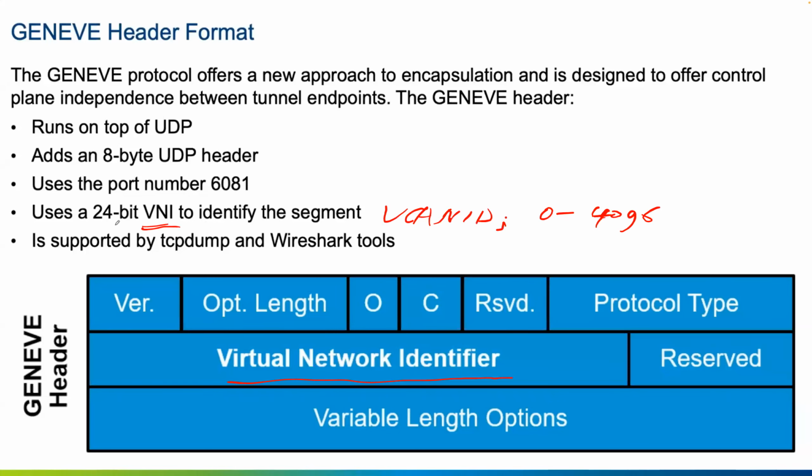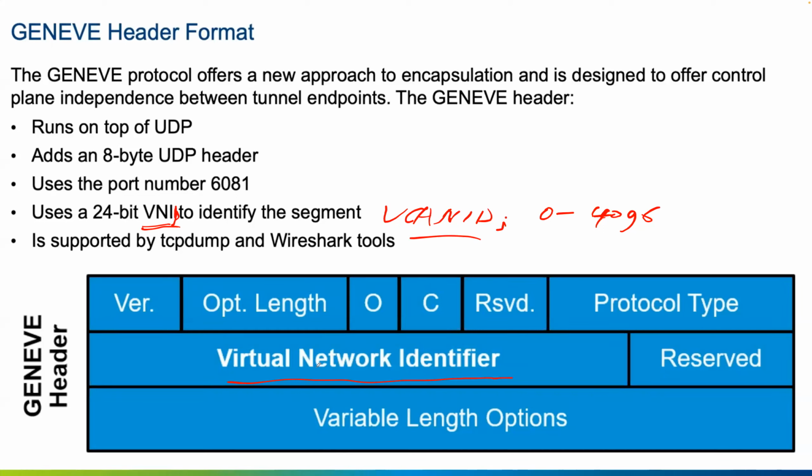But for VNI there are 24 bits, so there are much more than VLAN IDs.